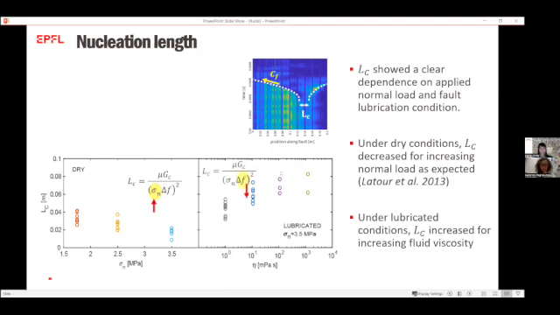And this is most probably due to the fact that for increasing viscosity, we observed lower peak frictions and lower friction drops. And you can see here that the drop in friction is also at the bottom of this ratio. That makes the nucleation length LC increase for increasing viscosity.